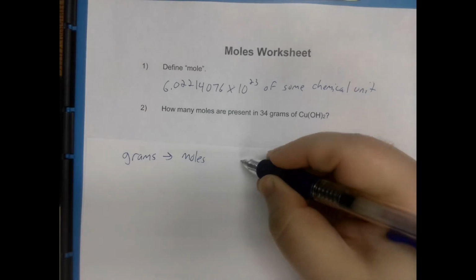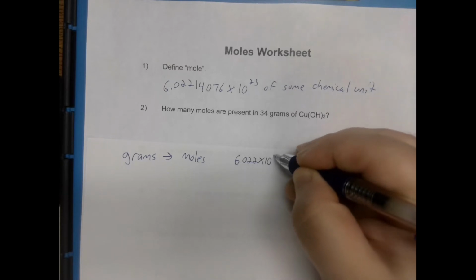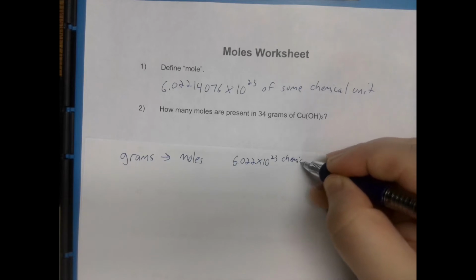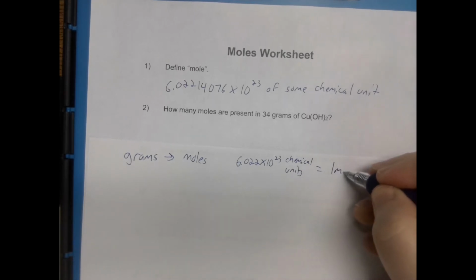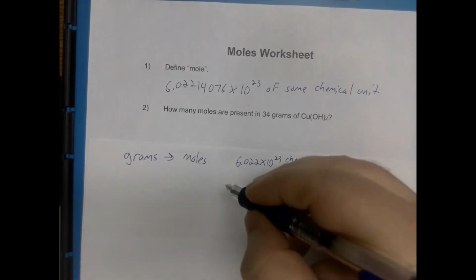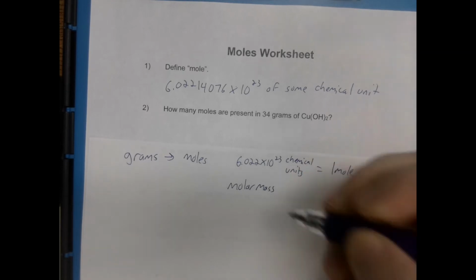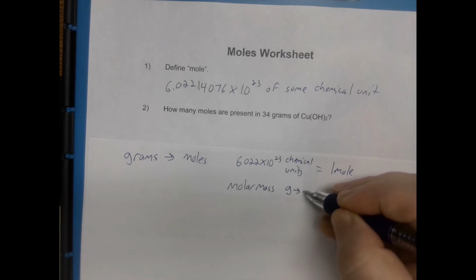We're either going to have the conversion factor of 6.022 times 10 to the 23 chemical units is equal to 1 mole, or we're going to have molar mass. Remember, molar mass is going to be off the periodic table, and it tells you grams to moles.